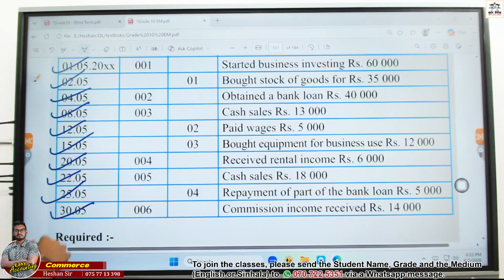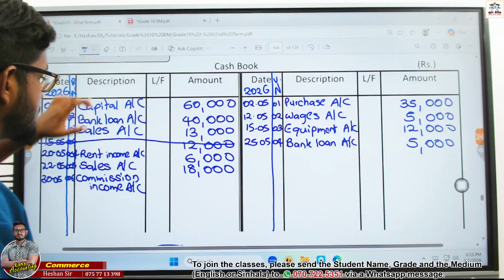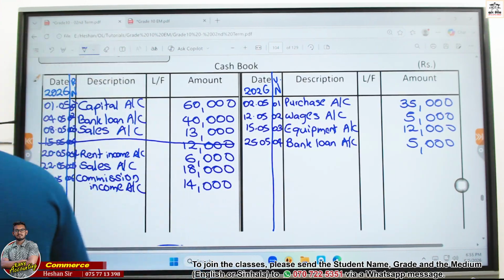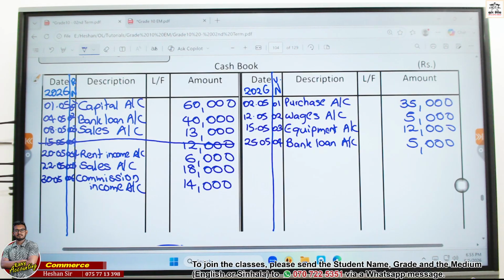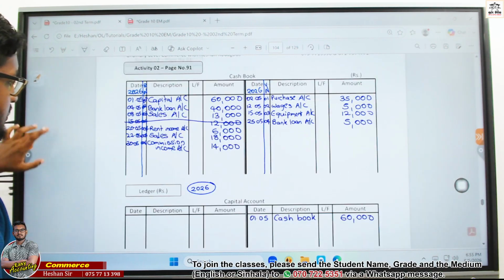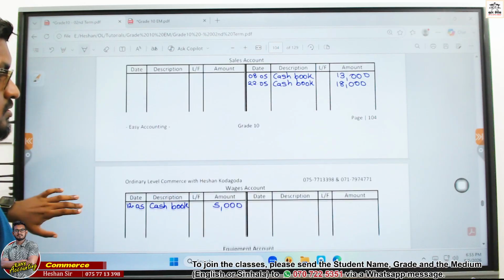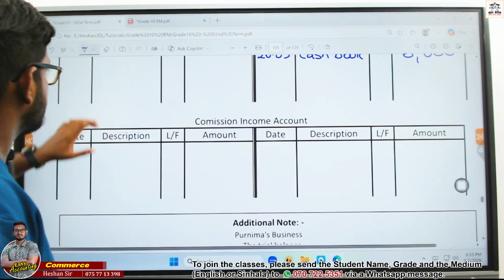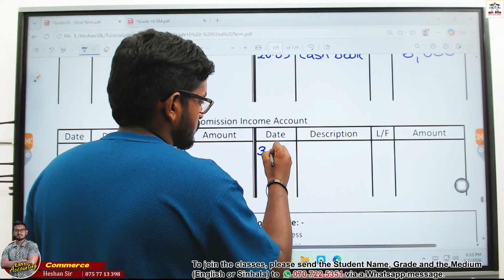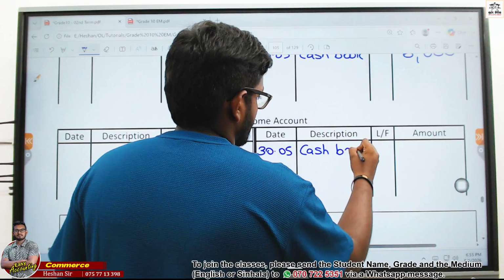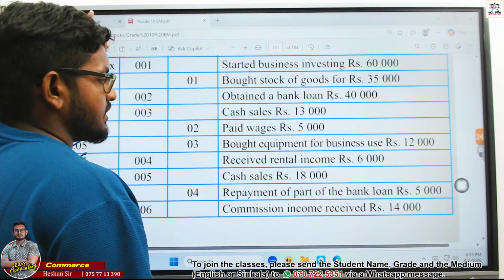How much did we receive as commission income? Commission income 14,000. 30th of May. Cash book. You can see the value 14,000.